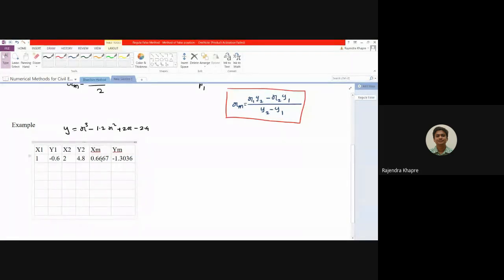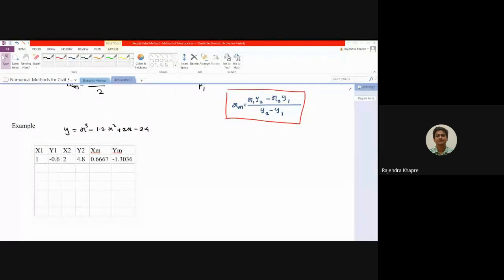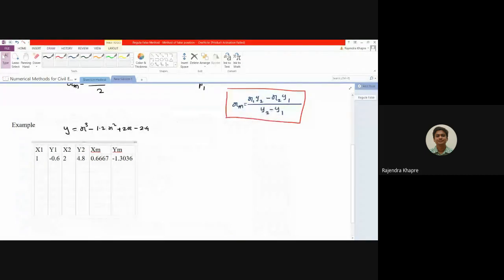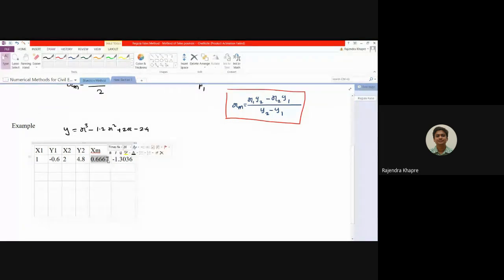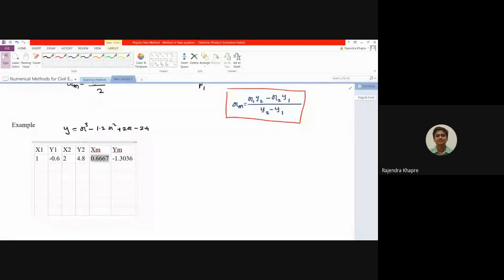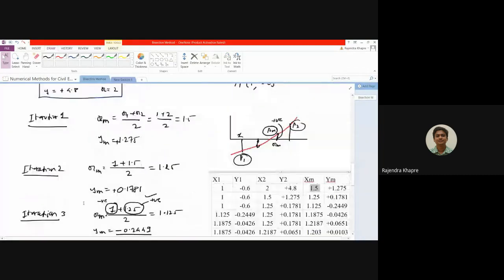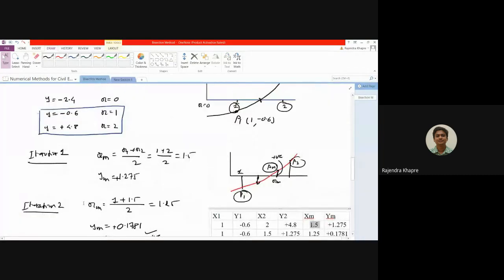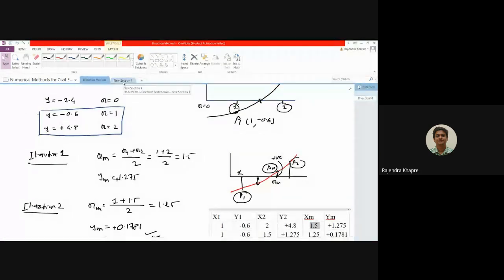Please do the calculation one more time. I have a little doubt about xm, so calculate it properly. Are y1 and y2 correct? y1 and y2 are minus 0.6 and 4.8.